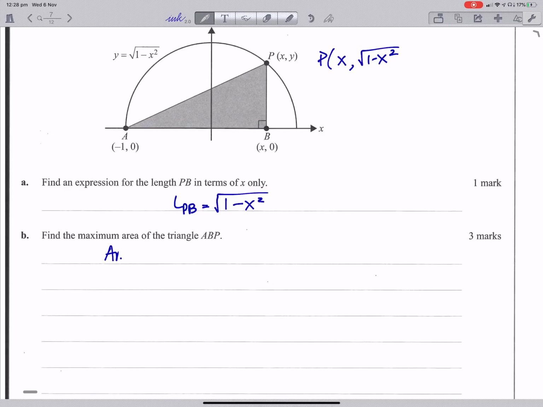Find the maximum area of the triangle APB. So our area is a half times our base length, which is x minus minus 1, so it's x plus 1, times our height, which is 1 minus x squared to the power of a half.